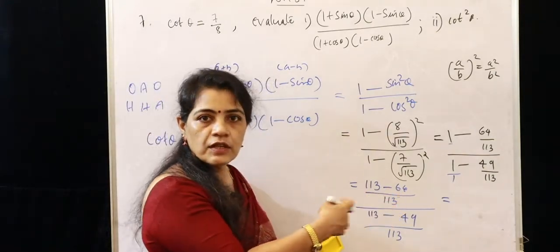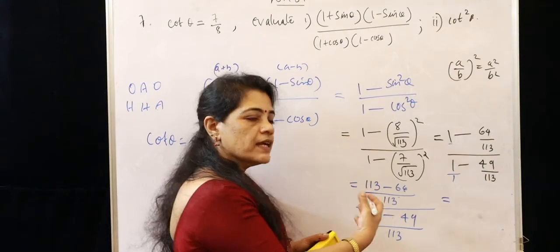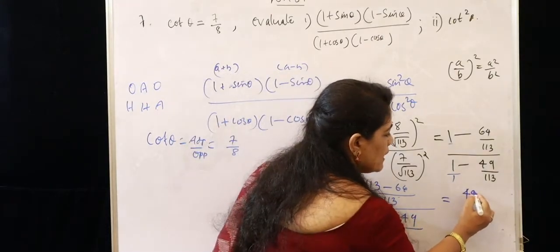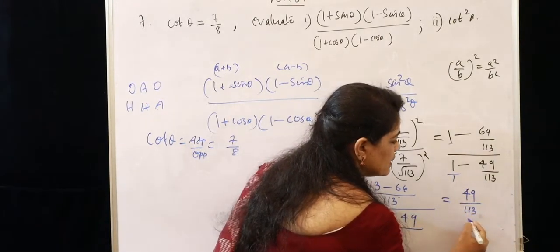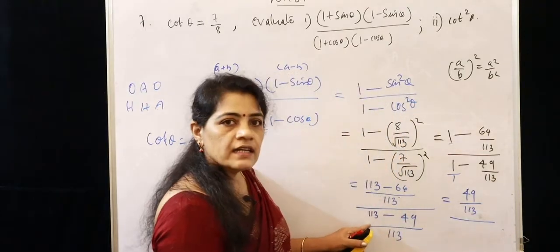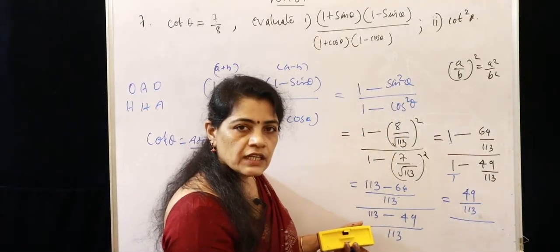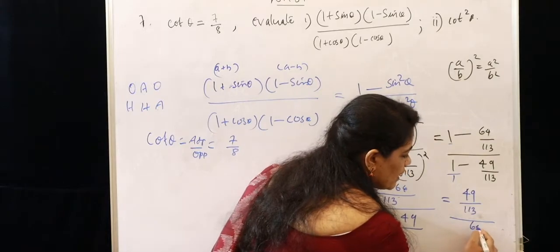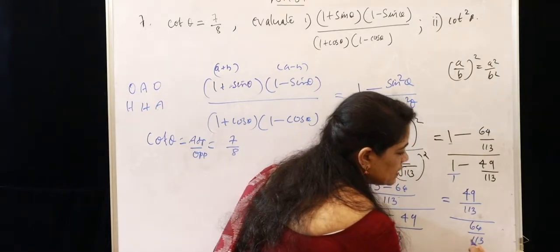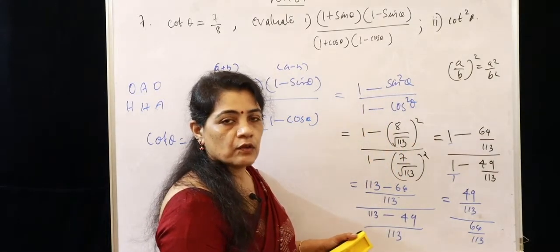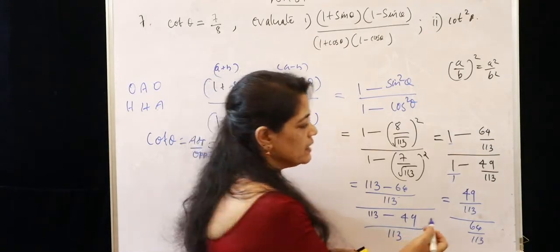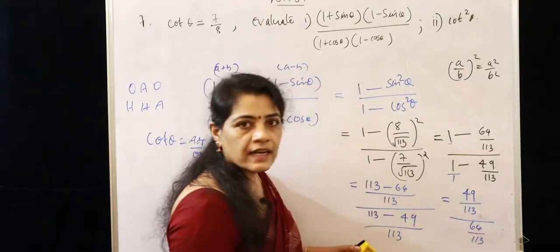49 plus 64 gives 113. So subtraction will give 49 divided by 113. And 113 minus 49 will be 64 divided by 113. Those who have the correct idea, in this step itself you can cancel 113.